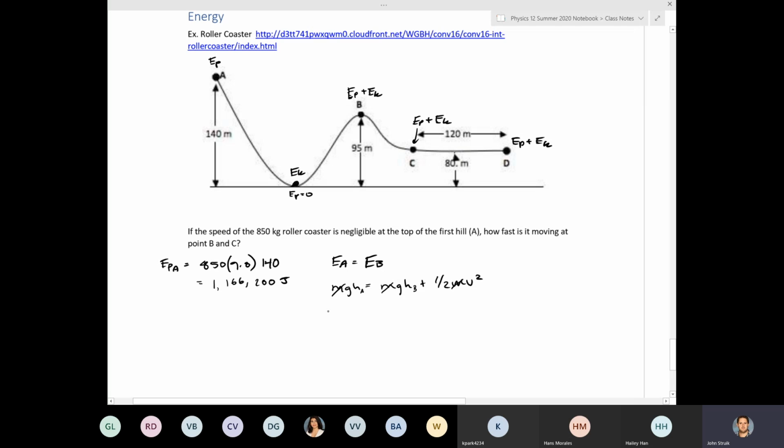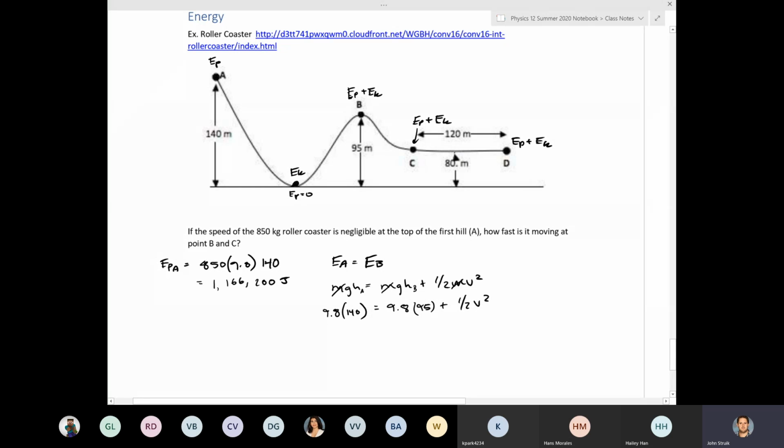Now we can just say 9.8 times 140 equals 9.8 times 95 plus 1/2 V squared. It makes it smaller numbers to work with, so it's a little bit better.